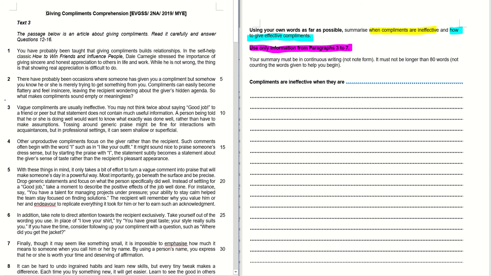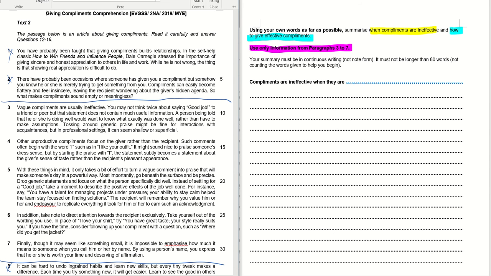The paragraph would be 3. I'm going to mark out from here to 7. So you're not going to use 1, you're not going to use 2, you're not going to use information from 8, only from 3, 4, 5, 6, and 7. So let's start.